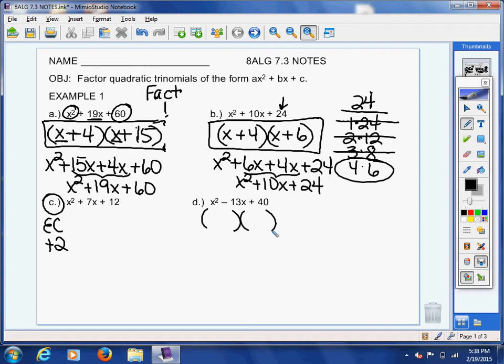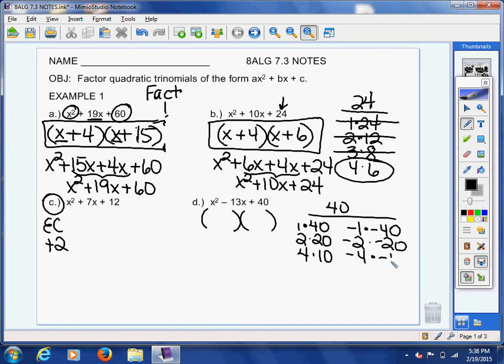So I'm going to list out 40, and 40 you could have positive 1 times positive 40. You could have negative 1 times negative 40. They both equal 40, okay? 2 times 20 and negative 2 times negative 20. 3 doesn't work. You could have 4 times 10 and negative 4 times negative 10.